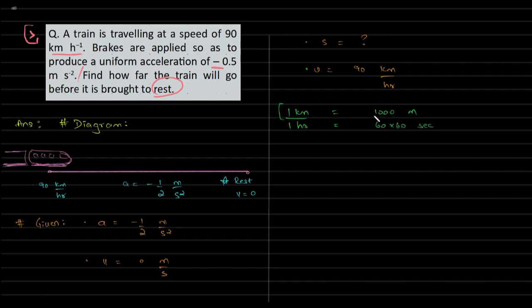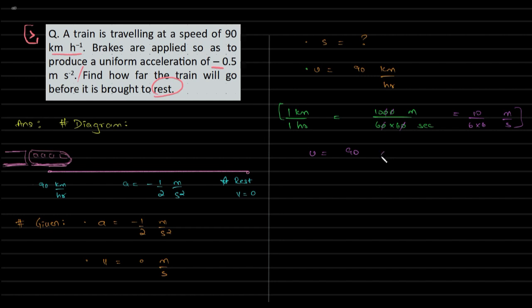So 1 kilometer per hour is 1000 by 60 into 60 meter per second. If you want to do cancellation, you'll end up with 10 by 6 into 6 meter per second. That is left to you, but this is very important to convert.